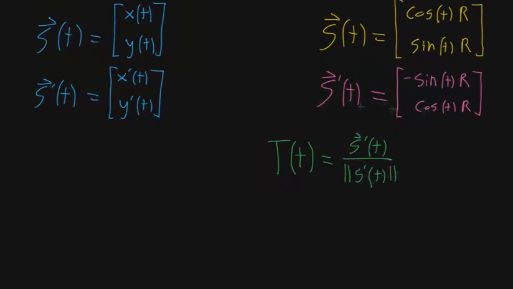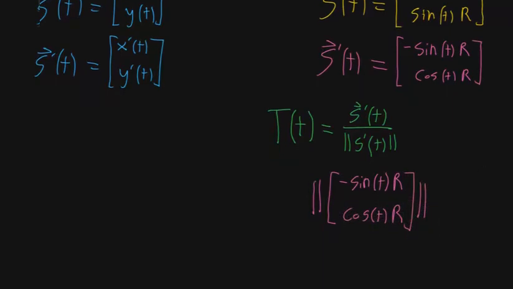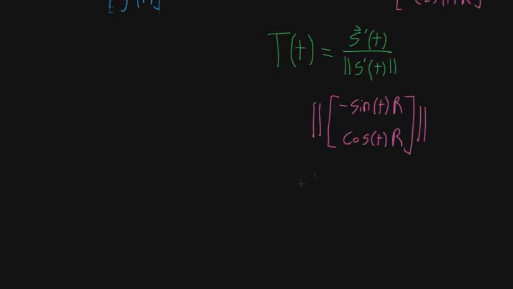And in our specific example, that magnitude, if we take the magnitude of negative sine of t multiplied by r, and then cosine of t multiplied by r, so we're taking the magnitude of this whole vector, what we get is the square root of sine squared.